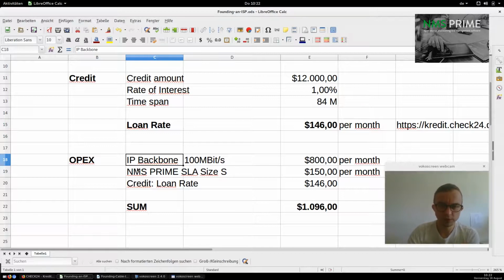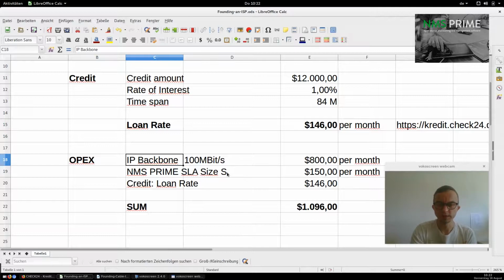And because we say you don't have any technical knowledge, you can use the NMS Prime system. If you don't know it yet, check it out. NMS Prime is a free and open source provisioning system, and if you don't have any technical knowledge and you want full support for the system, you can use our service level agreement, and we will set up the entire system for you.